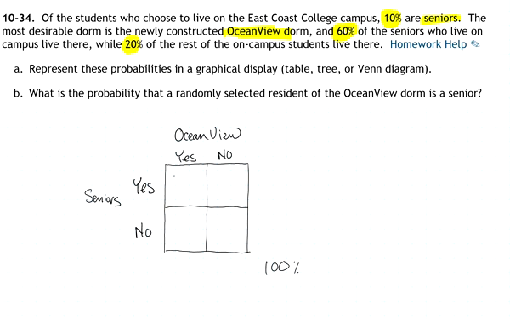So this should be 0.6 times 0.1, and when I do that multiplication, I get the very small 0.06.